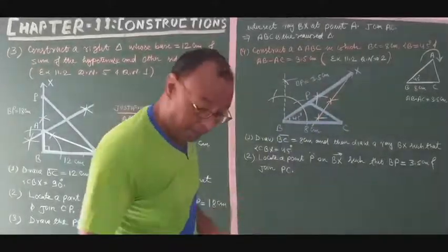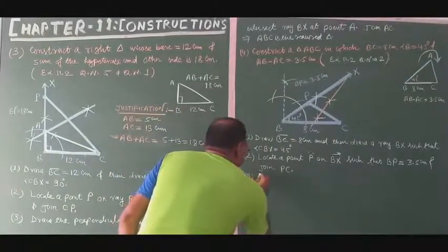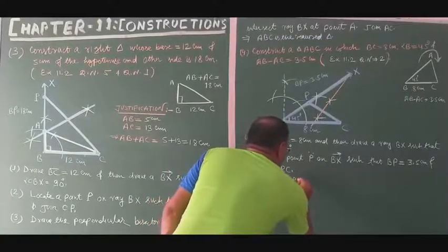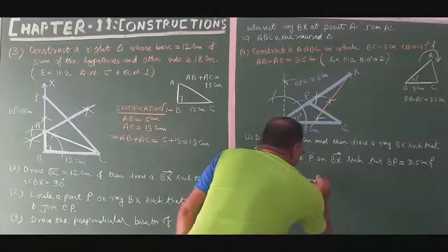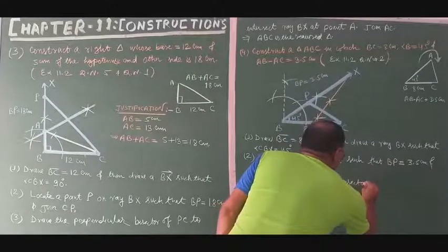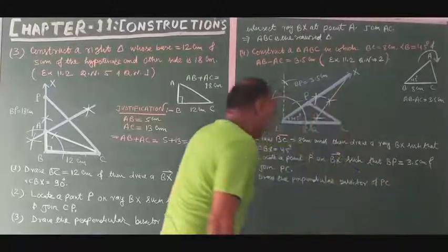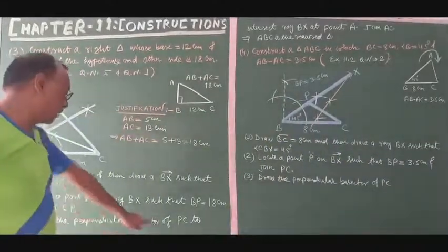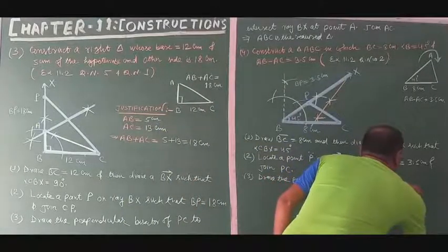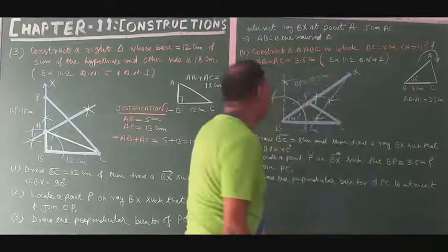The next step, draw the perpendicular bisector of PC to intersect which ray?